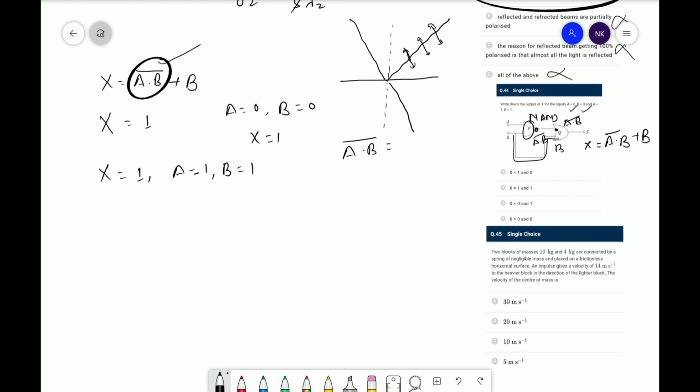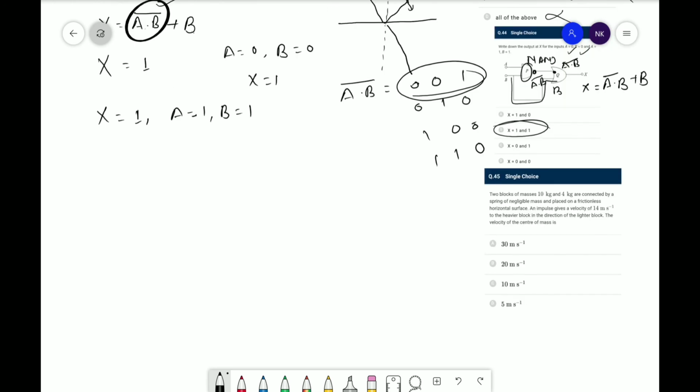In the case of A dot B bar, 0 comma 0 will be 1 and the rest of them will be 0: 0 1 means 0, 1 0 means 0, 1 1 means 0. Therefore when 0 0, this one will be 1 and B is 0, so 1 plus 0 is 1. Therefore the correct answer is B.